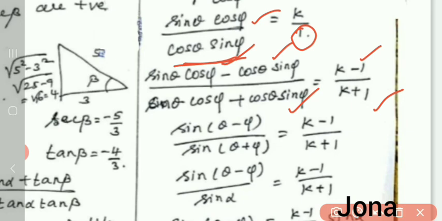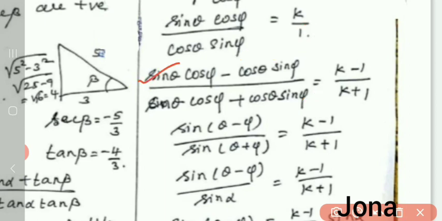So I can write this as sin theta cos phi minus cos theta sin phi divided by sin theta cos phi plus cos theta sin phi equal to k minus 1 by k plus 1. That numerator can be written using the formula sin of a minus b. Denominator can be written as sin of a plus b, which is equal to k minus 1 by k plus 1.